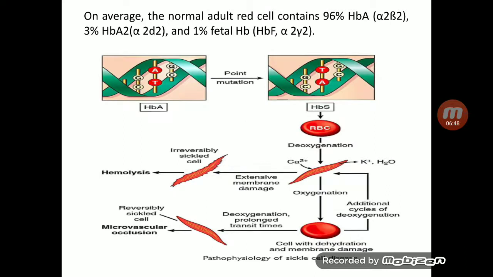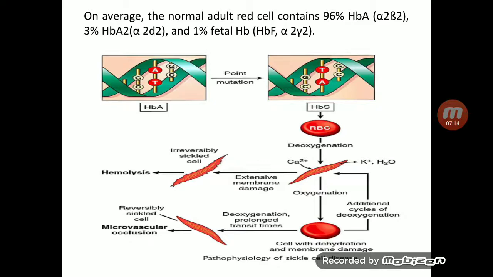Whenever we talk about your RBC, your adult RBC contains 96% HbA, which is your adult hemoglobin. 3% is HbA2 and 1% is fetal hemoglobin. The globin chains differ in each type of hemoglobin.